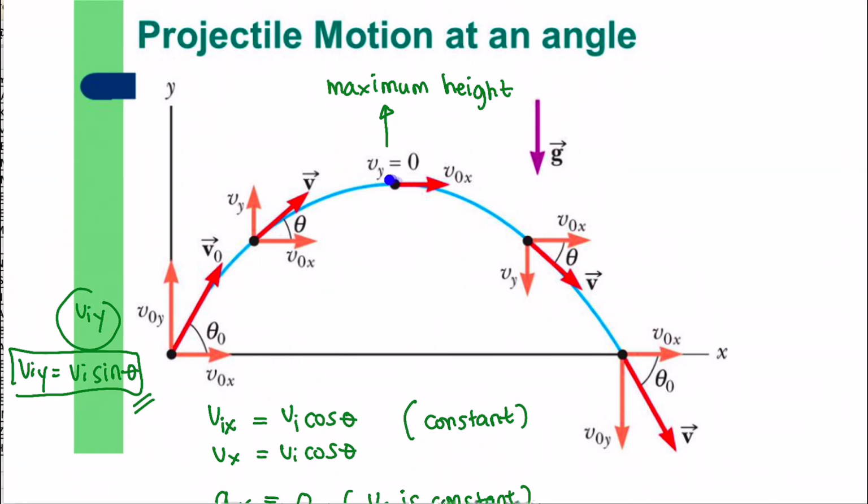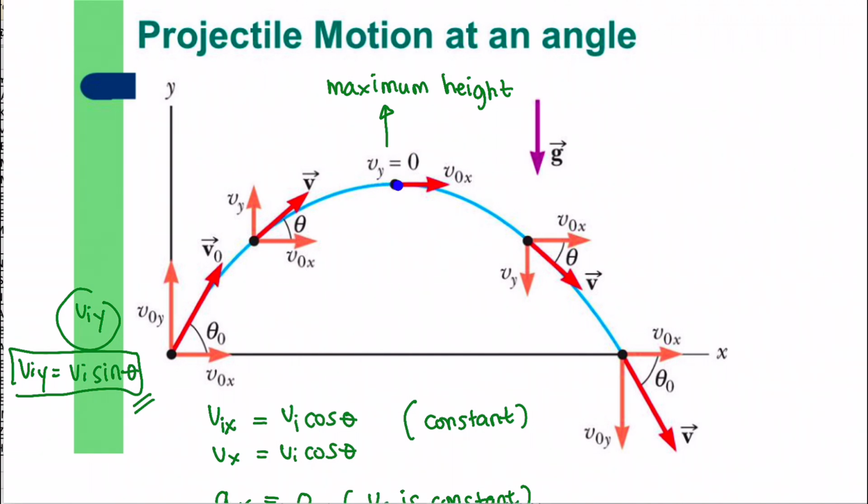But then, when the projectile goes down, if you notice, the vertical velocity starts to increase, but in the negative direction. So as the projectile goes up, the vertical velocity decreases until such time that it reaches the maximum height, where the vertical velocity is 0.